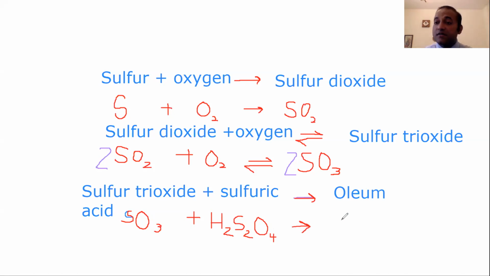So guys, you just write back the same thing. We have H2, so we write down here H is 2. We have 1 sulfur from the sulfur trioxide and 1 sulfur from the sulfuric acid. So S become now S2. And then over here, we have 4 O from the sulfuric acid and 3 O from the sulfur trioxide. So total.